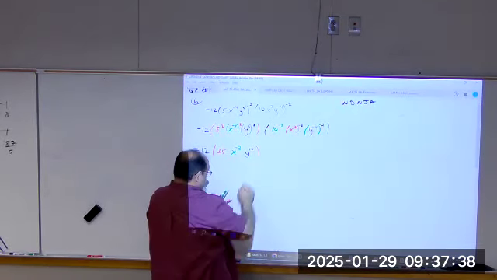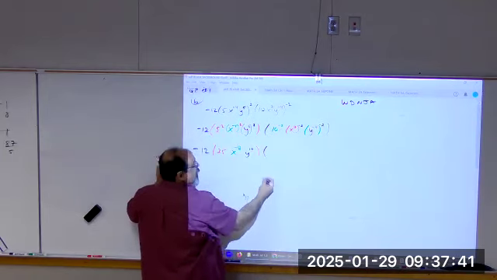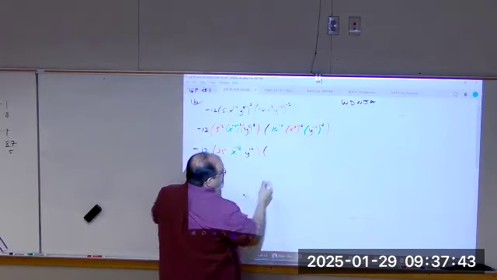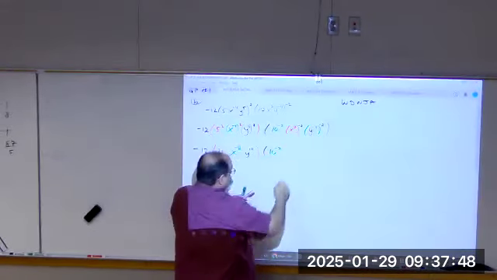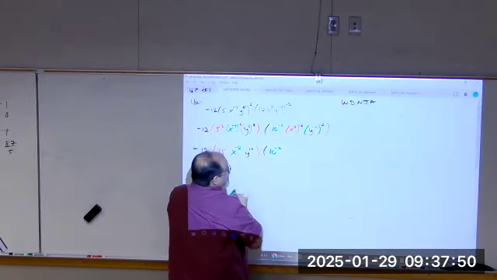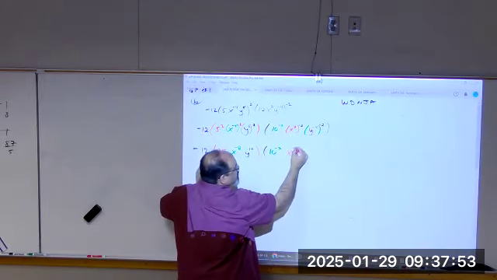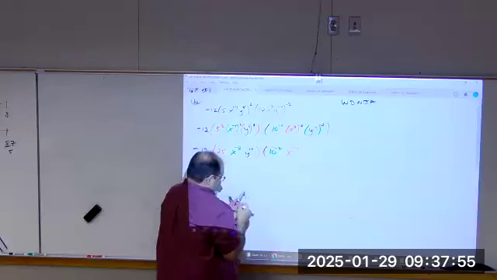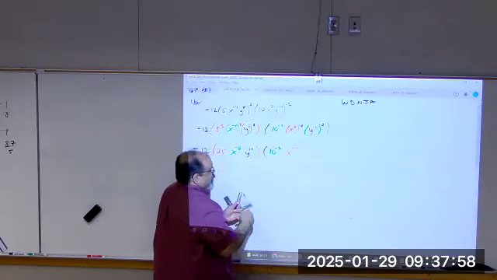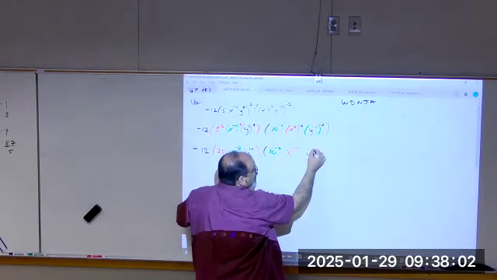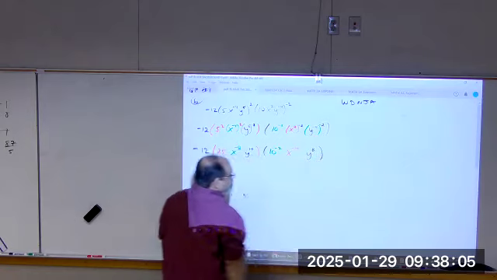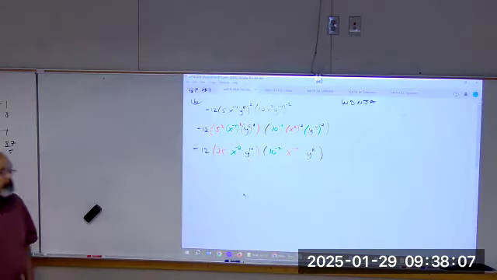I'm not going to flip anything yet. So it's 10 to the negative 2 still. Power to a power, 7 times negative 2, so that's x to the negative 14. And then we have y, power to a power, negative 4 times negative 2, that's y to the positive 8. Now, I'm going to do some flipping. If there's a negative exponent, it flips down.